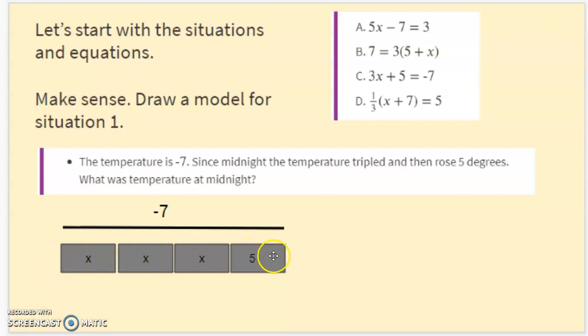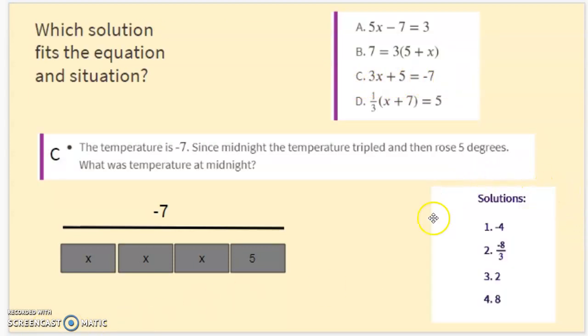We also have 3 x's plus a 5, and equation C has 3 x's plus a 5. Which of these solutions fit the situation and the equation and match the model?